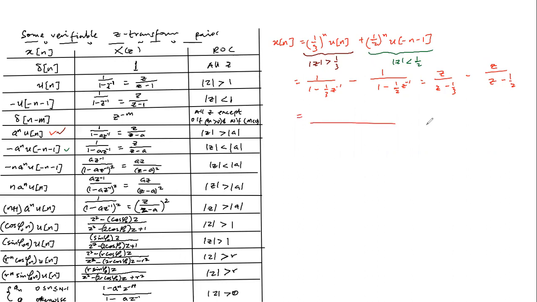Then here we go: z minus 1 over 3, z minus 1 over 2, and that will be z into bracket z minus 1 over 2 minus z into bracket z minus 1 over 3. And then this will give us minus 1 over 6 z over z minus 1 over 2, z minus 1 over 3.